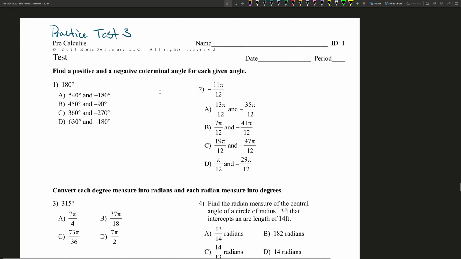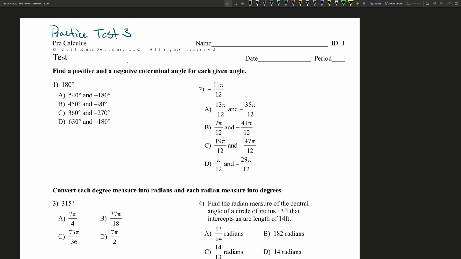So first two questions. Find a positive and negative coterminal angle for each given angle. So a coterminal angle, if you remember, is just an angle who is some number of rotations past our original, right? So what that ultimately boils down to is adding or subtracting 360 some number of times, or adding or subtracting 2 pi some number of times, right?